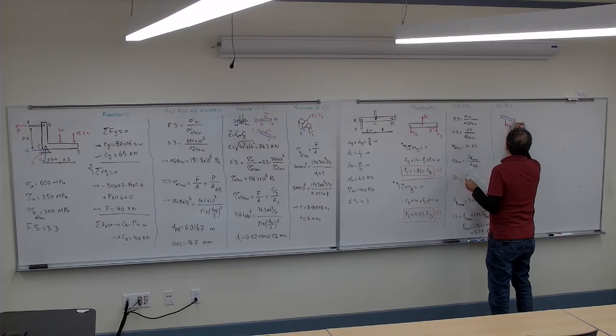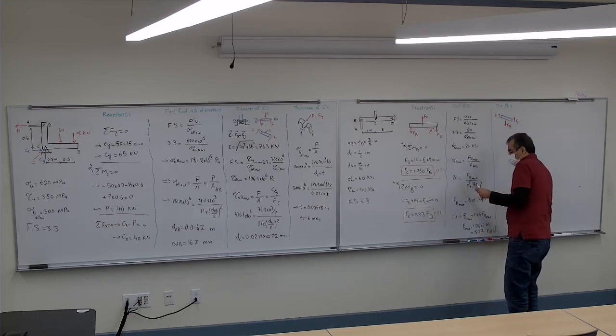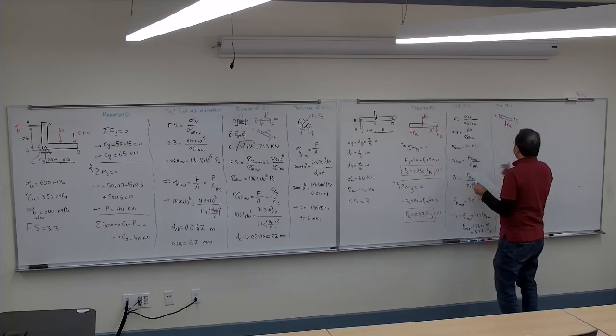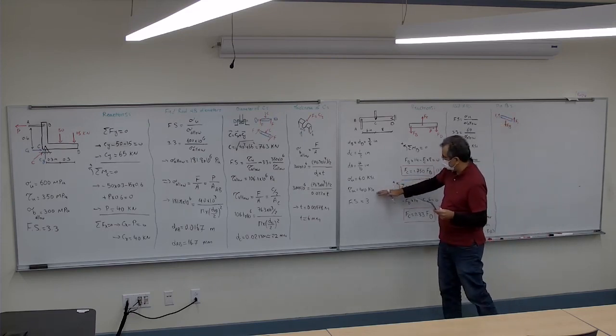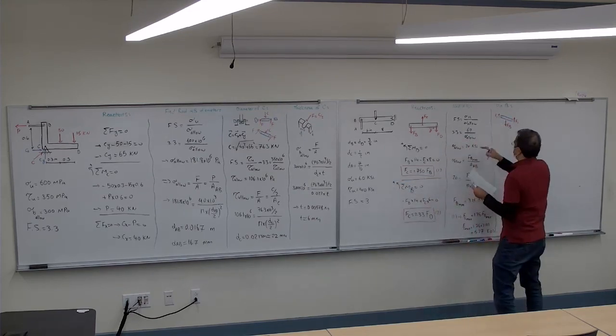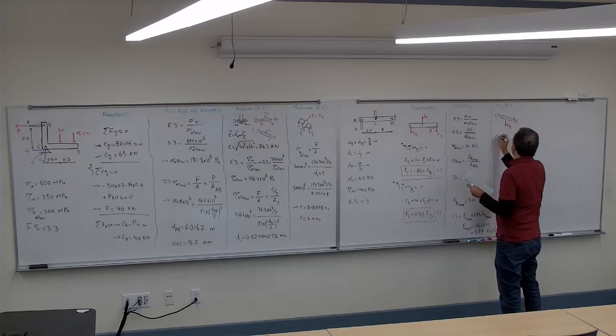There, and then we have the, call it the F1 there. And in this one, again, now we want to find the factor of safety, but for the shear stress, it's going to be tau ultimate divided by tau allowable.